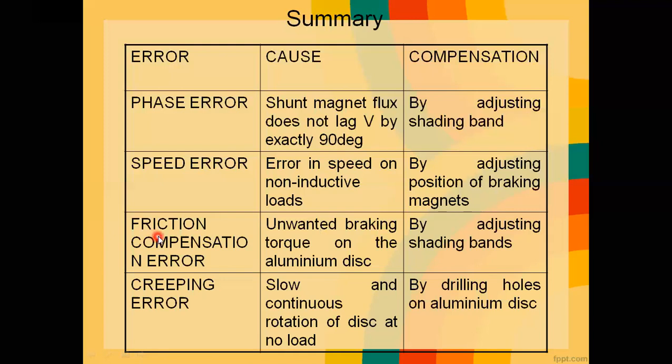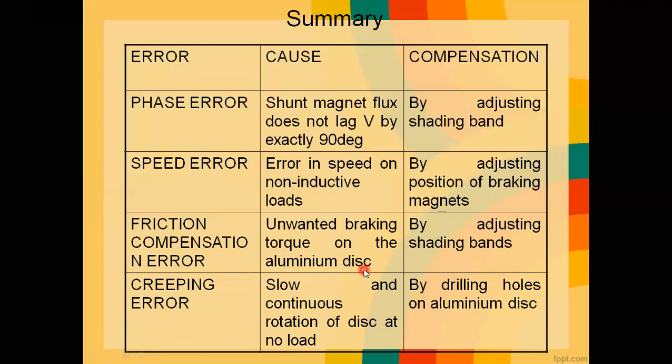The other one is the friction compensation error. This is because of the friction. So the reason is unwanted braking torque on the aluminum disc. So how are we having unwanted braking torque on the aluminum disc?